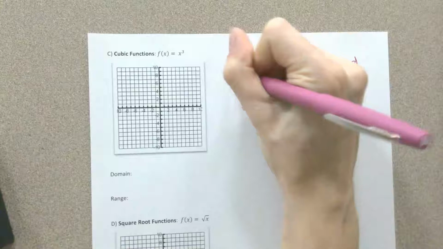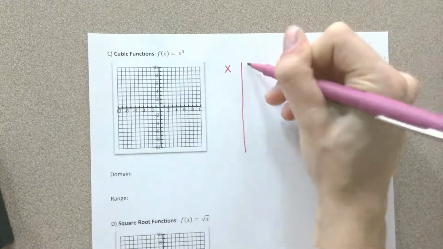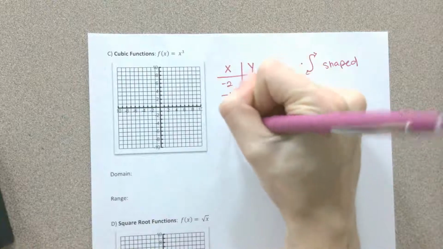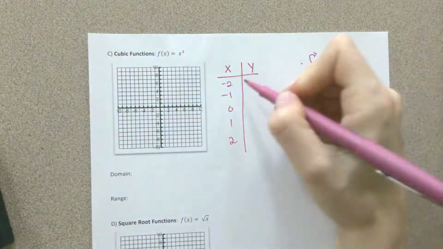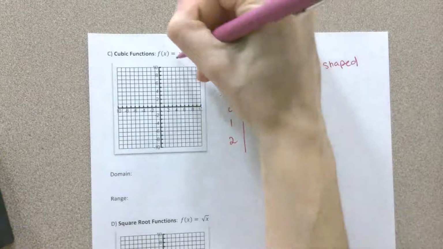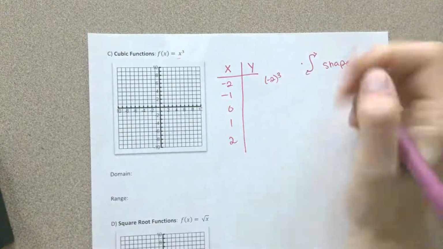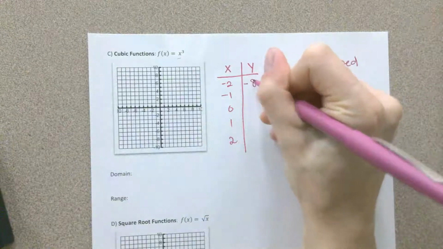So once again, we're gonna make a table of values, x and y, negative 2, negative 1, 0, 1, and 2. And we're plugging these numbers into this function right here. So negative 2 cubed is negative 8.